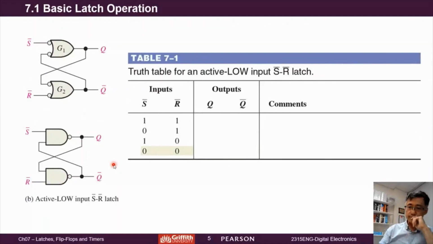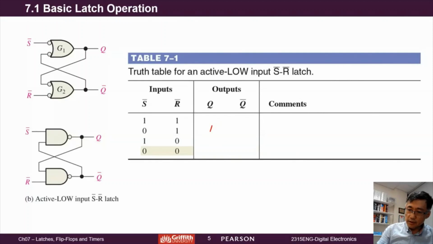Okay. What do we do? Let's think about this one first. Okay, let's start from this one. Here is 0. Here 0. This is a NAND gate. One input is 0. Output will be always high. Okay, it's a NAND gate, and it doesn't matter what the condition is here. So output Q must be high. So we finish the first one.